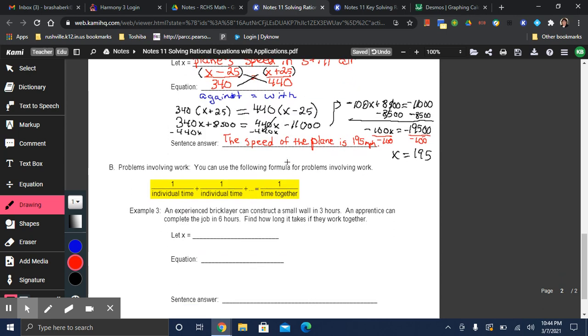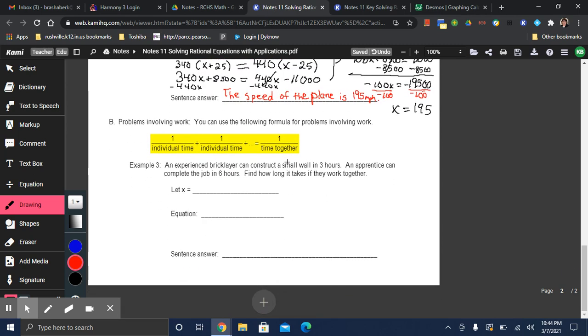All right. And then the second type of problem we have would be problems involving work. So you'll often have 2 or 3 individual either machines or people that are doing a job in a certain amount of time, and be asked to compare that to what would happen if those machines or people all worked together.